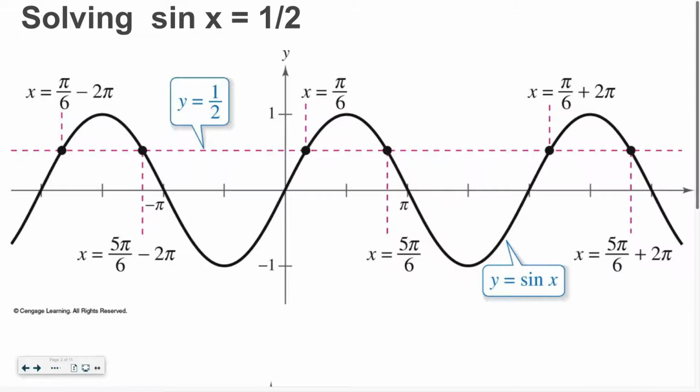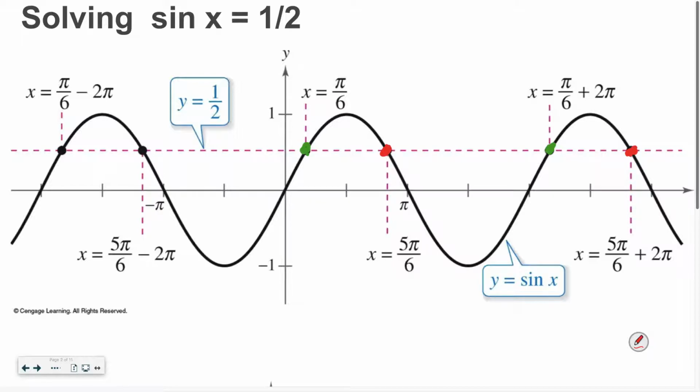What's the period of sine of x? 2 pi. So do you agree that this solution right here is going to repeat every 2 pi? And this solution right here is going to repeat every 2 pi.